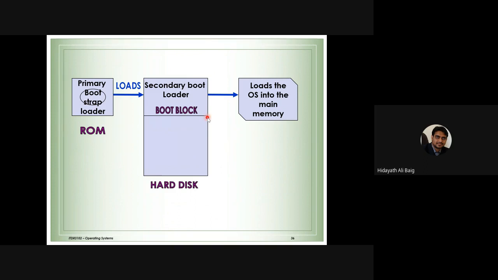But now we are not talking about files, we are talking about the operating system. The operating system will be in the boot block of the hard disk. In the hard disk, we allocate a special space so that the secondary boot program can be kept in a special location. We call it a boot block. So it loads the secondary boot program, and then the operating system will be loaded into the main memory.